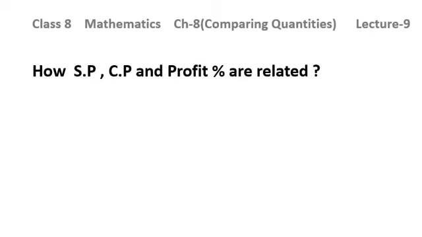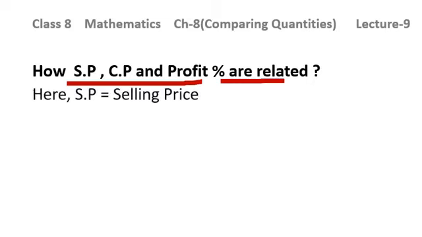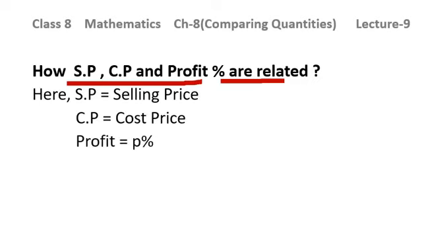Now, how are SP, CP and profit percentage related? I told you one formula in the previous lecture also. Here I am discussing all the important formulas and concepts. SP is the selling price, CP is the cost price, and profit percentage is given to you. In most questions profit may be given in rupees, but in a few questions you will find that profit percentage is given.